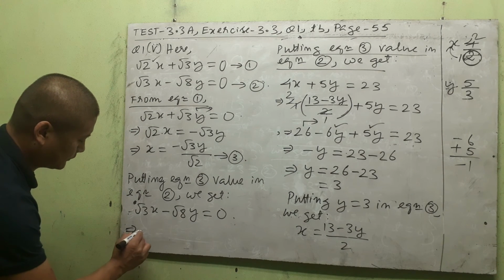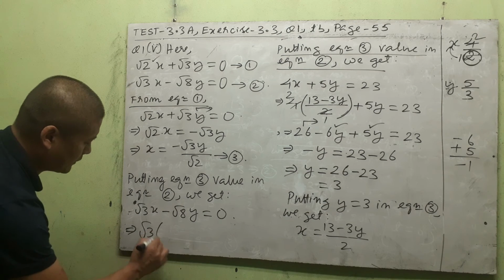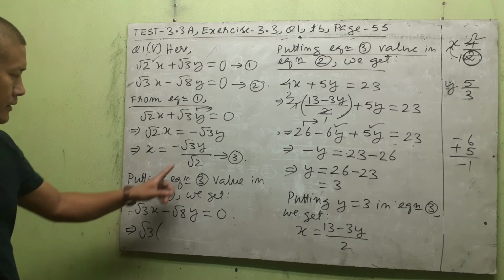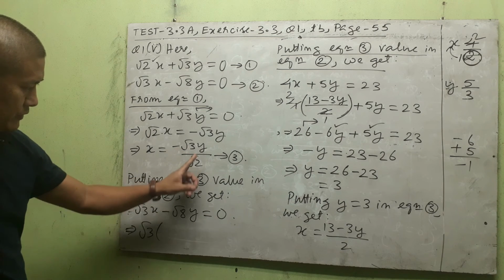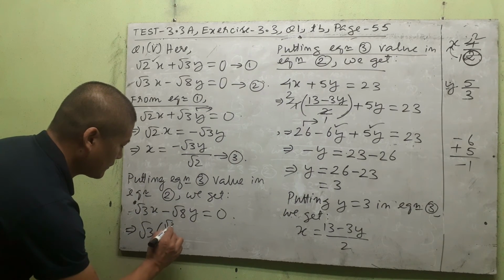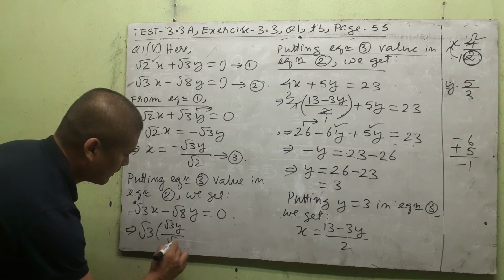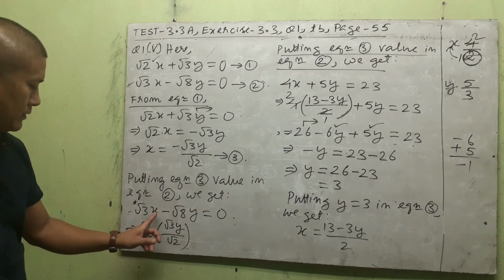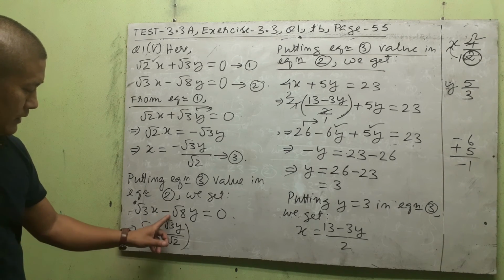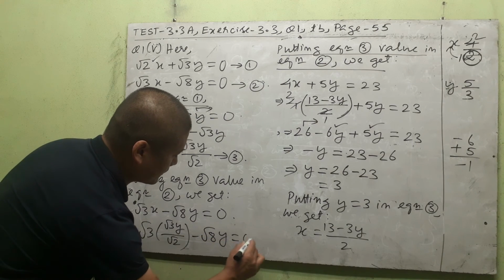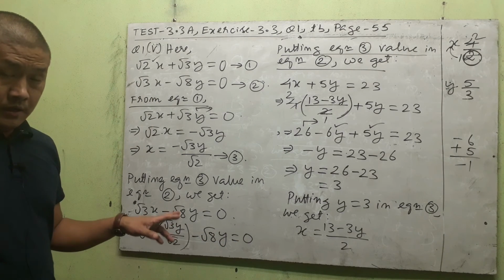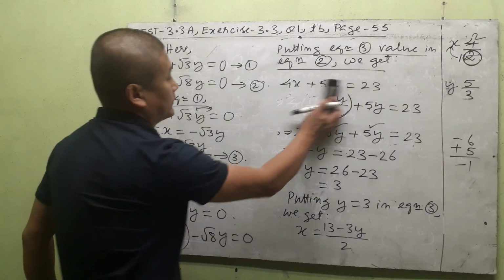Then root 3 into x will be replaced by the equation 3 value, minus root 3y by root 2, in brackets, then minus root 8y is equal to 0. That's fine, right?